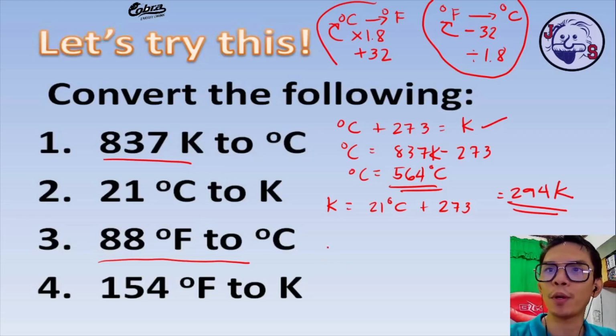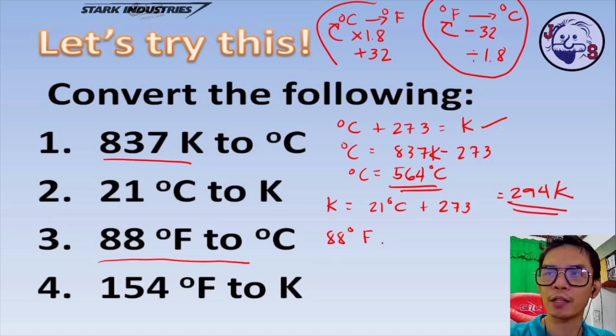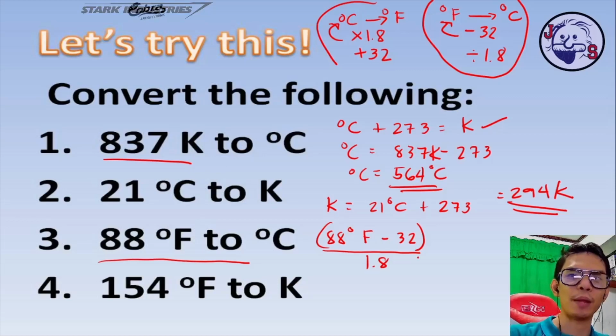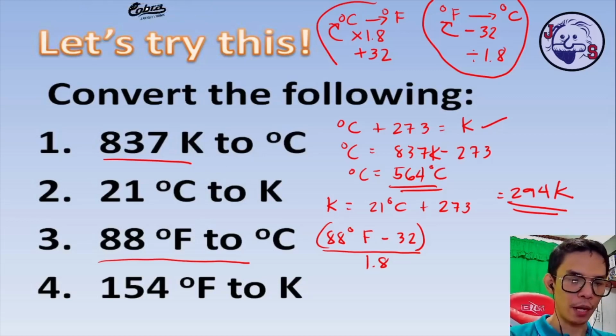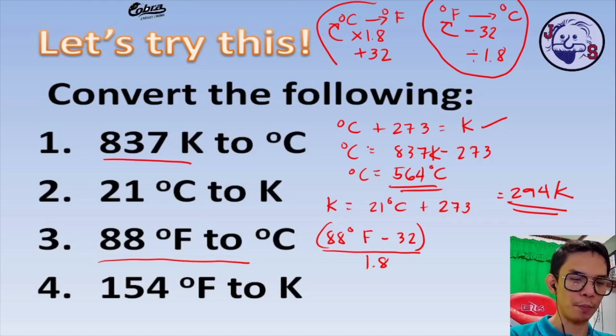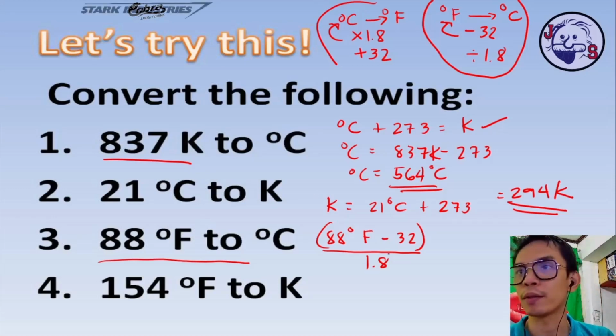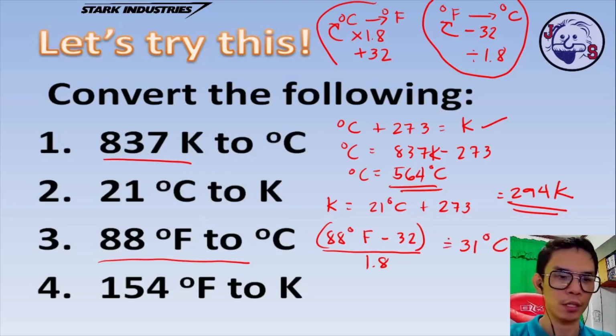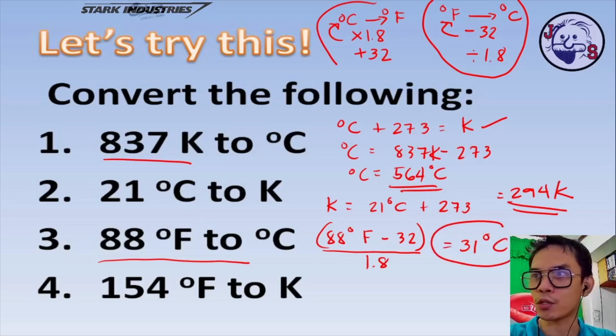So 88 degrees Fahrenheit minus 32, and afterwards divided by 1.8. 88 minus 32 is 56. 56 over 1.8 is 31. So 88 degrees Fahrenheit is equivalent to 31 degrees Celsius.